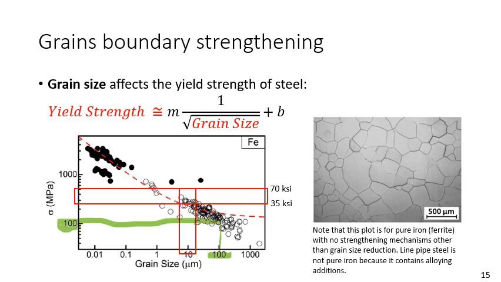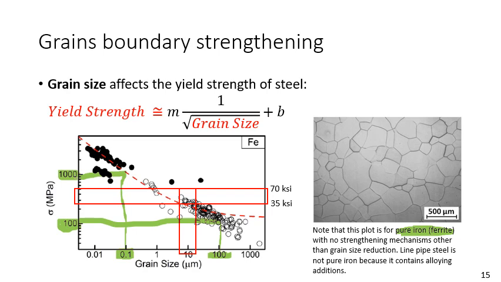Now this plot is for pure iron, ferrite, with no other alloying elements or strengthening mechanisms. And if I have very small grains, 0.1 microns or 100 nanometer grains, then I can end up with very strong steel.